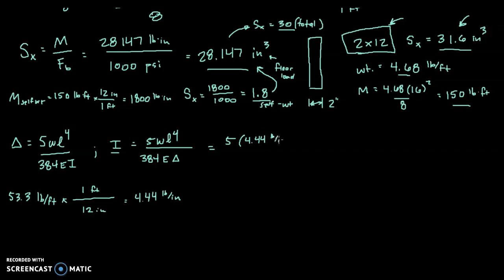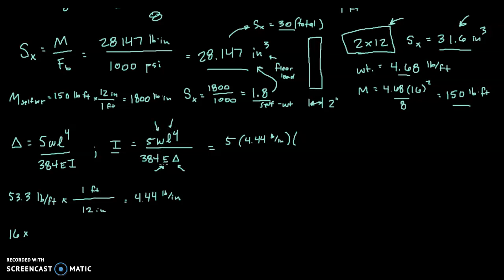4.44 pounds per inch. The length was 16 feet, the span length, but I'm going to want to convert that into inches. The reason is that modulus of elasticity will be given in PSI or KSI, and the amount of deflection is in inches, so it makes sense to convert these units into inches.